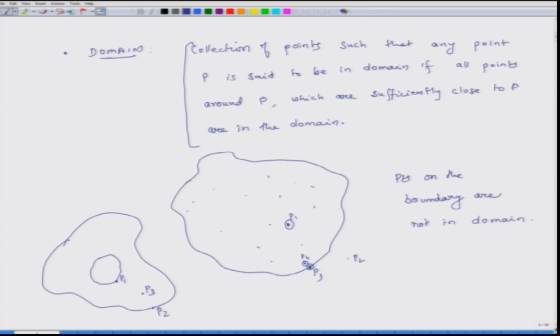In a lot of our further discussions, we will designate domain by this symbol omega, and this is also a fairly standard symbol used to denote domain in a lot of technical literature. If I say that my domain is an element, a lot of times we will say omega subscript E, which means this is the domain of an element.